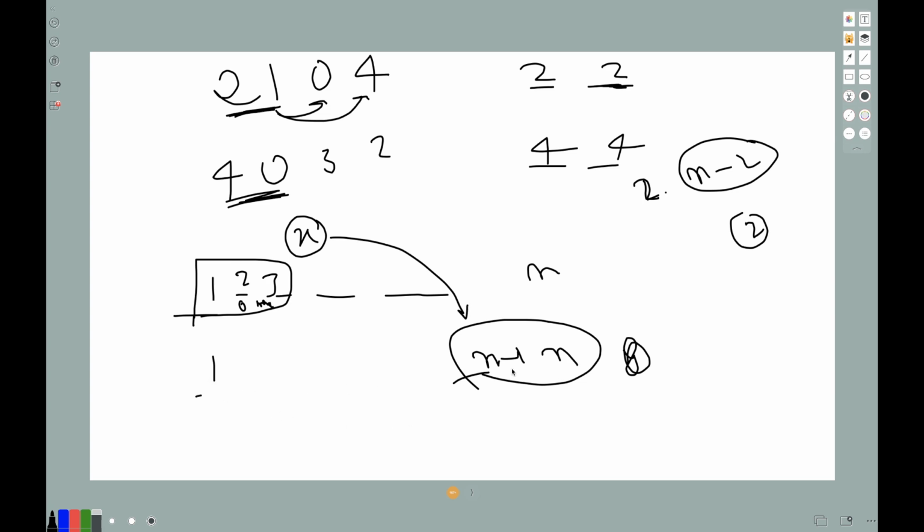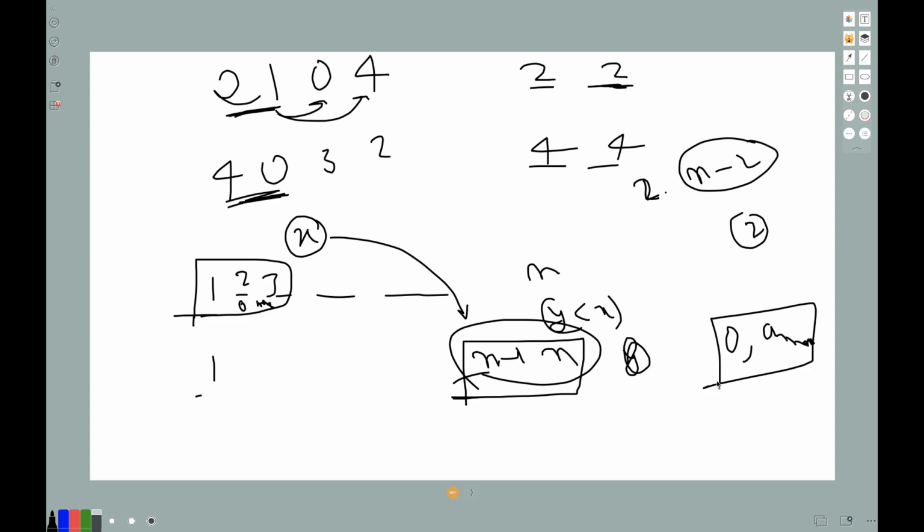And that is why, if y is less than x, then I choose these two as my starting positions, and with the criteria that these two do not contain both 0 and a max, I am good with my solution and it will work. Notice that even if there are duplicates, the solution still works. You can work that out.